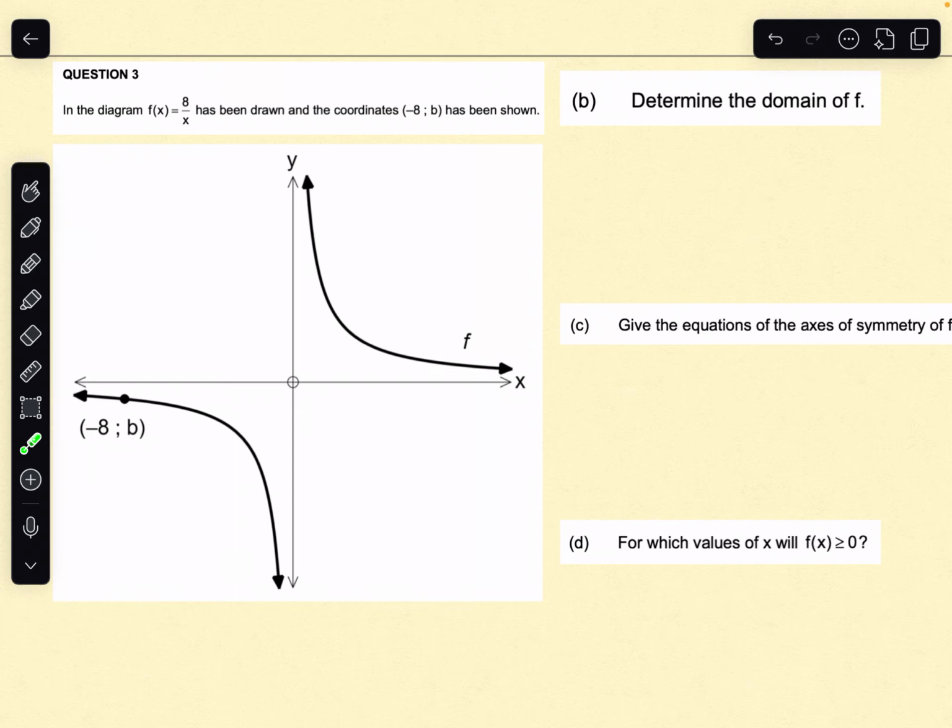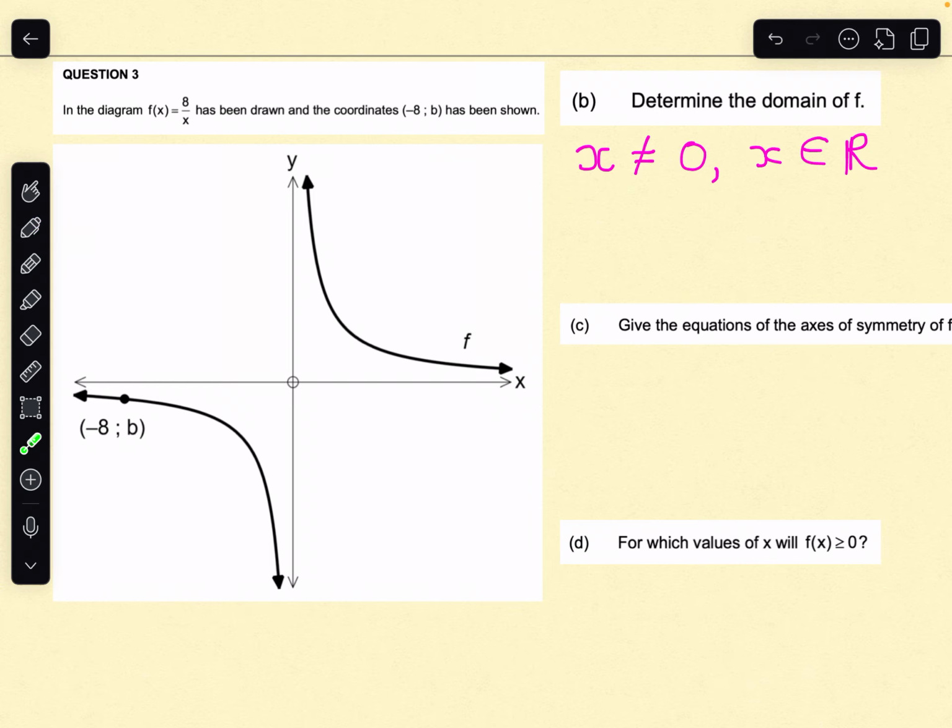So those are two different ways that you can think about the domain. In not so many words, x can be anything except 0. So as long as x is a real number and x is not 0, then the function will be defined, nothing will break.